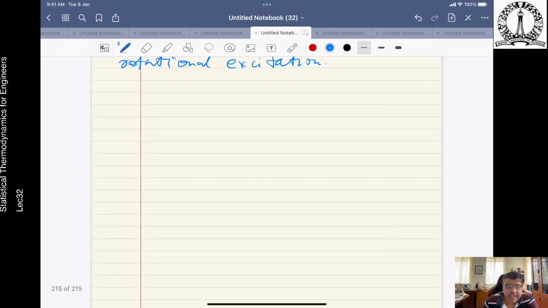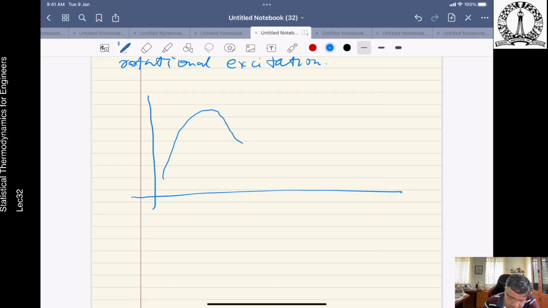So let us look at one such spectrum. If you look at it, it will resemble something like this. This is in wave number, or centimeter inverse, this way.